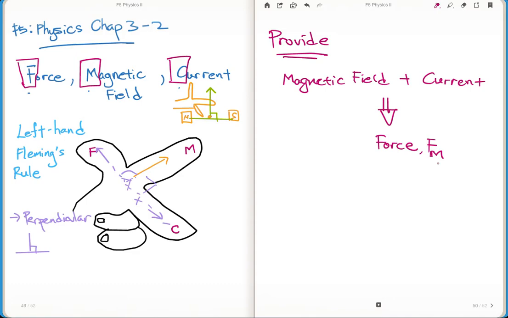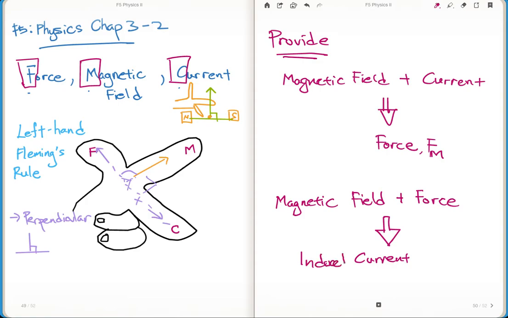In the next video, it will be what happens when I provide a magnetic field. If they were in the magnetic field and you give a push or a movement, or you provide a force, this is what you get: current, another term is called induced current.